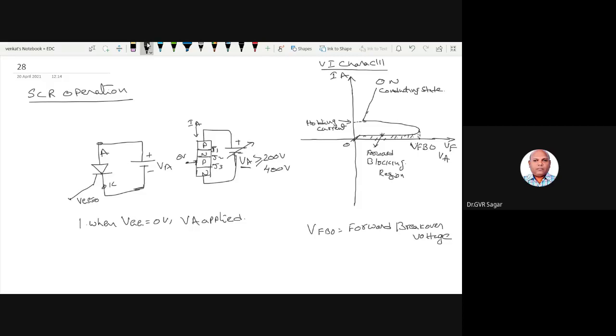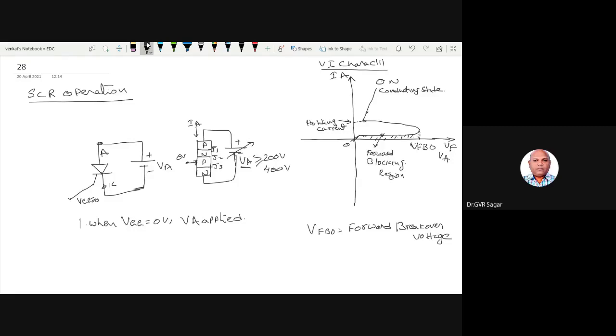When the SCR is on, as the voltage slowly increases, the current also increases linearly, through junctions J1 and J3. In forward bias, a heavy voltage is required to reach the breakover voltage: VA greater than 200 or 400, so 200 to 400 volts is required.